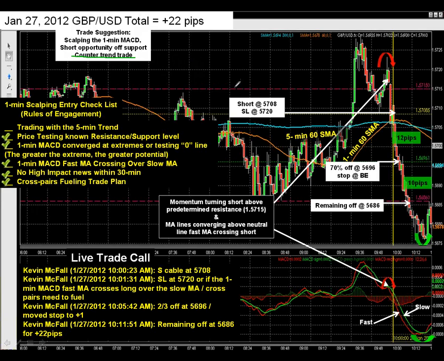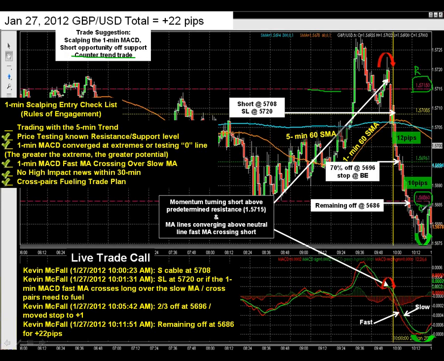Remember, we use primarily 3 indicators when we trade, and we find these to be successful. First of all, we have these resistance and support levels. We have resistance up here at 57.15. This is a predetermined level, and then we also have a predetermined support at 57.86.